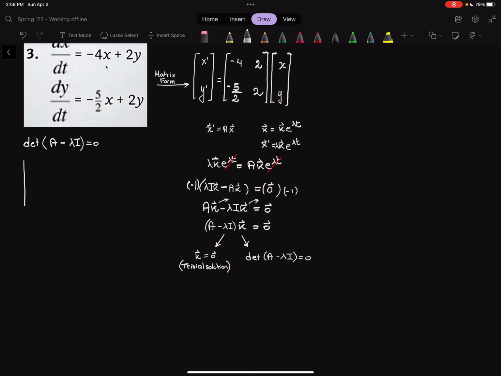So A is -4 and 2, and then we have -5/2 and 2. Okay. Well, I already see that this has the same entries for the columns. So I don't remember all the cases.